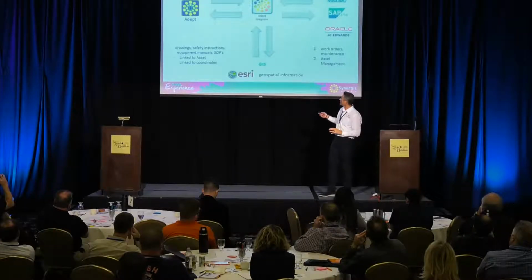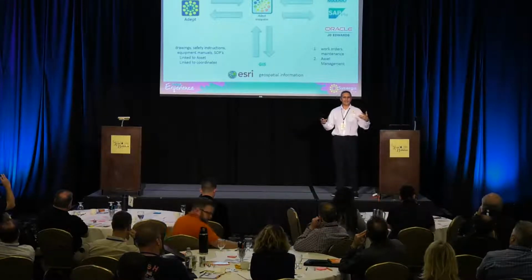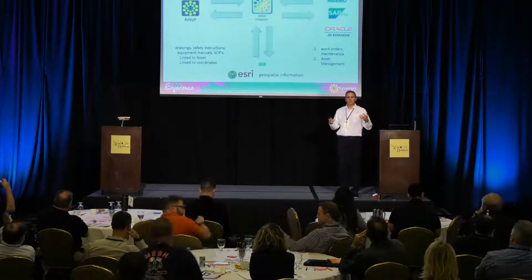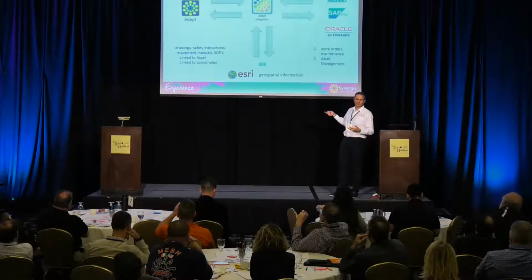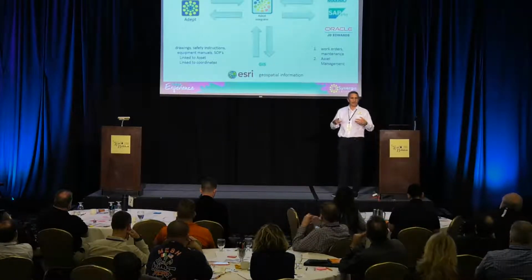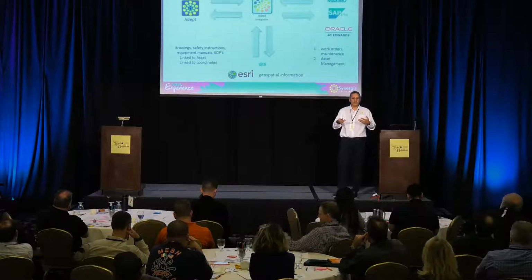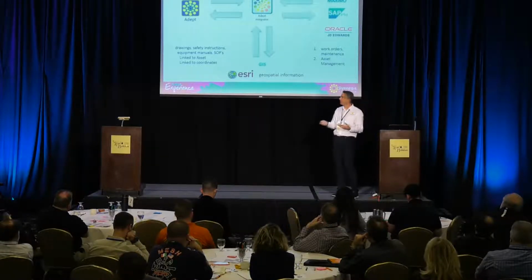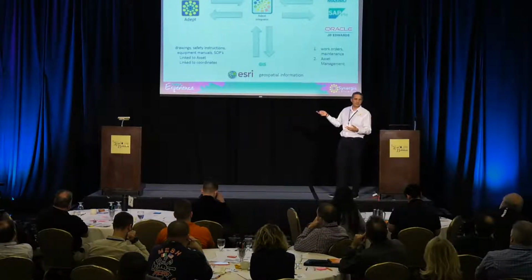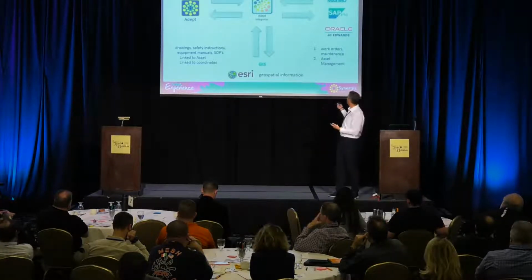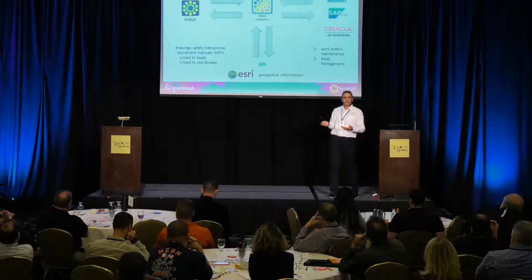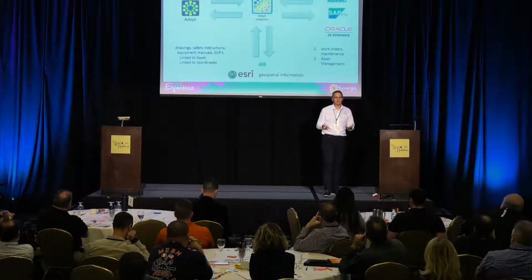So what we try to do here with these solutions is, because we're moving data, we want to achieve a philosophy that a user can come in from your GIS solution and view the documents relevant to that location, or if they're in Adept, they can view the same document, or if they're in the ERP or Maximo, see the same document.